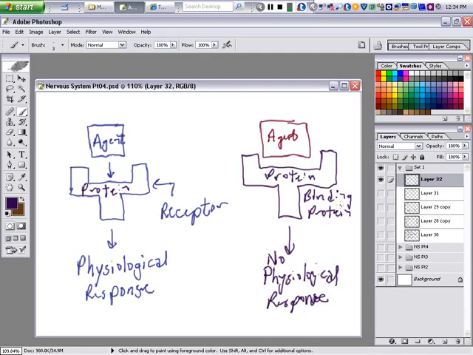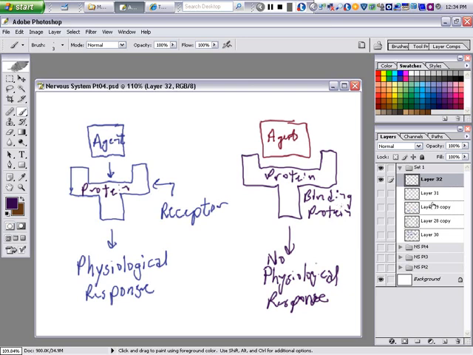Even though the agent binds to the albumin, the albumin doesn't lead to any cellular or physiological response. However, if that drug binds to a cell and causes that cell to produce new proteins or results in a physiological response, then the protein on the cell to which the drug binds is a receptor. It's only called a receptor if it does something, if it causes an action or response. Does that make sense? Excellent.